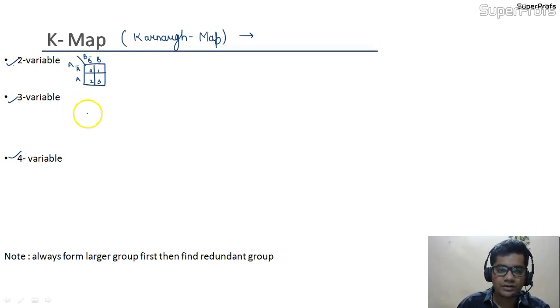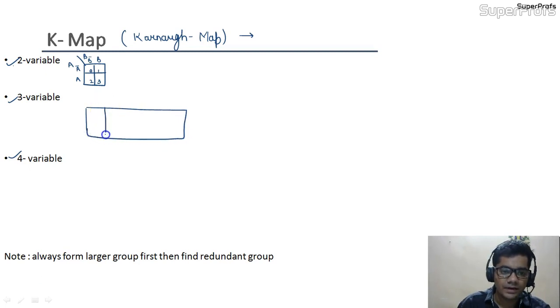Now we are drawing a 3 variable Kmap. It would contain 8 cells representing all the minterms. If this is A and this is BC, it would be A bar and A, and B bar C bar, B bar C, BC and BC bar.